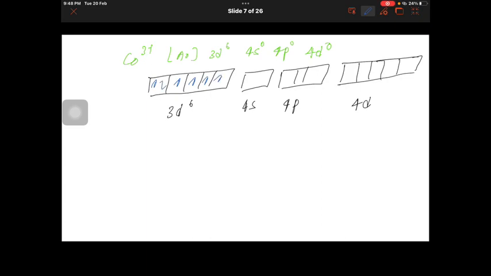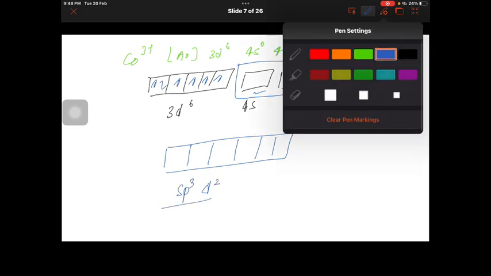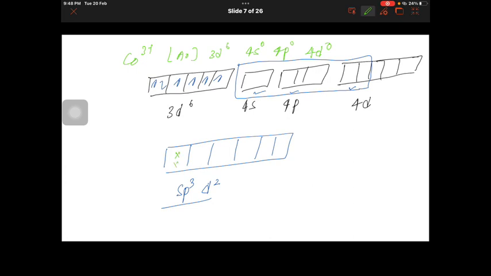So 6 empty orbitals required: 1 from 4s, 3 from 4p, 2 from 4d. These 6 empty orbitals undergo hybridization, forming 6 hybrid orbitals, that is sp3d2. Each hybrid orbital takes a lone pair of electrons from the ligand, forming a coordinate covalent bond.